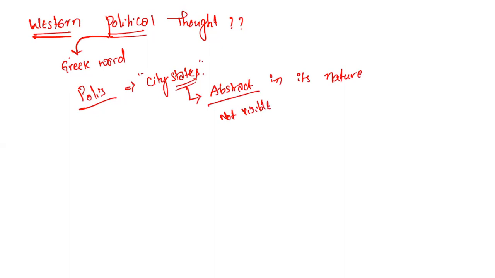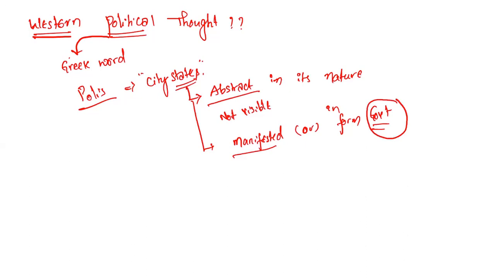However, though it is not visible, it is manifested. State can be manifested or visualized in the form of government. So you can say that state is a concrete manifestation of government. Government is the structure which we will be finding, and that concrete manifestation is in the form of state.